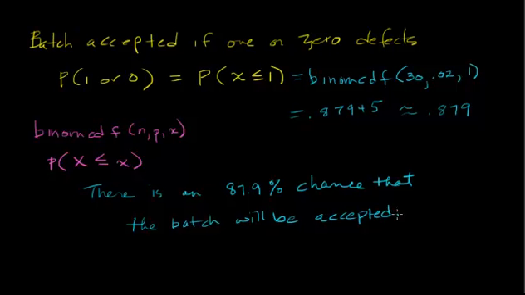We accept if we don't find any defects or 1. Well, the chance that that happens, 0 or 1, is 87.9% of the time. So there is an 87.9% chance the batch will be accepted.